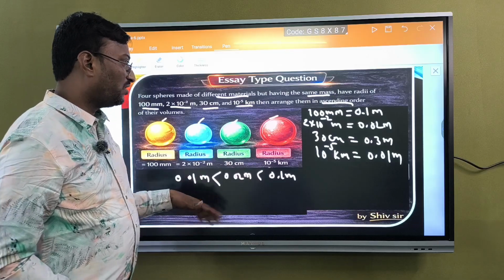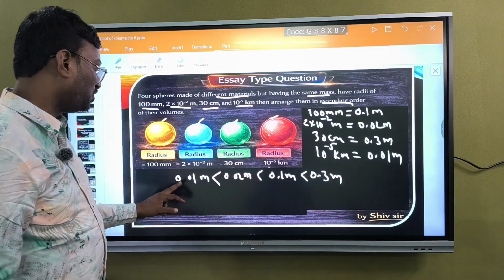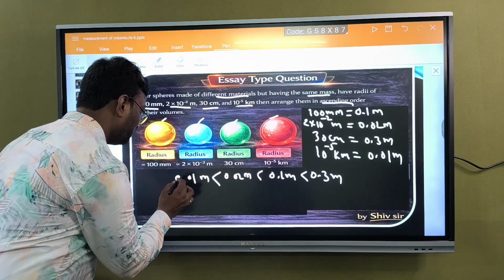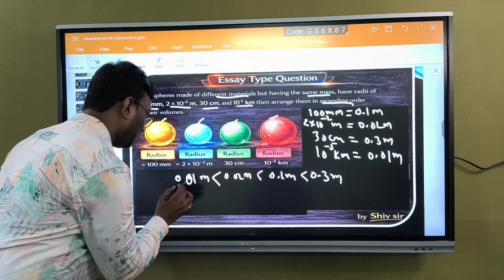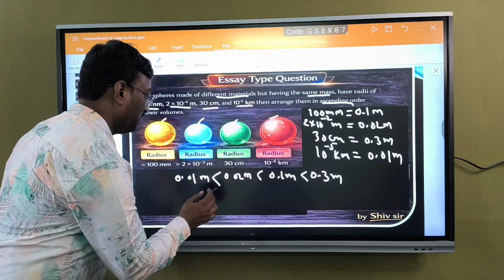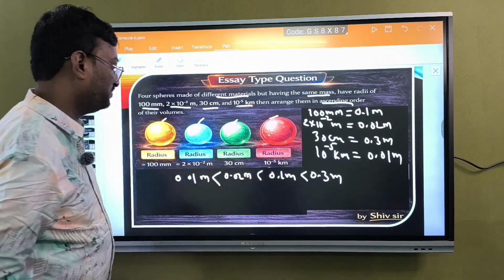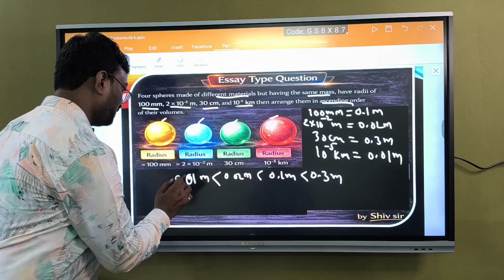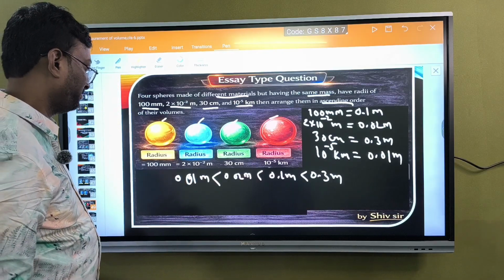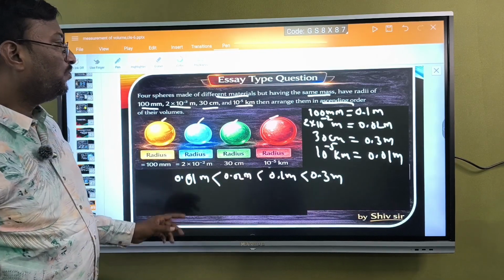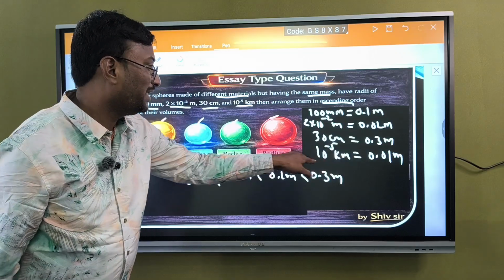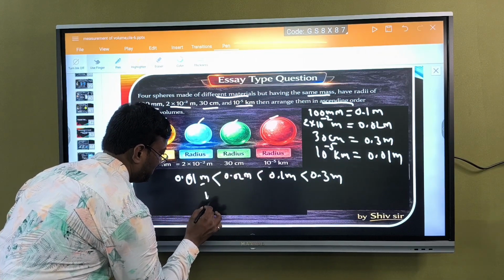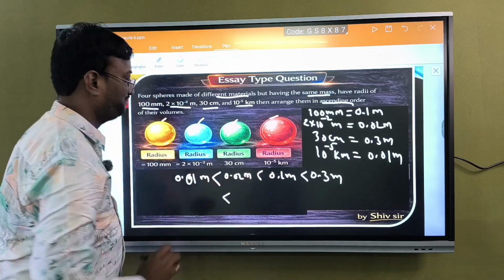So now write the values of the respective ones. What is 0.01? The first one is 0.01. Next is 0.02, right? Okay. Now what is 0.01? Which one? 10 power minus 5 kilometers is less than.